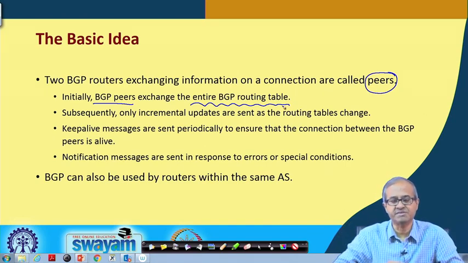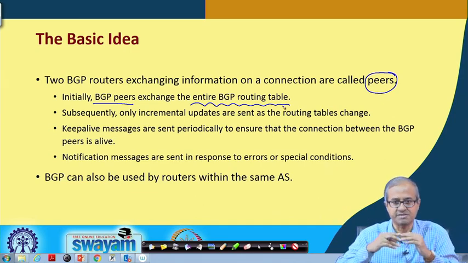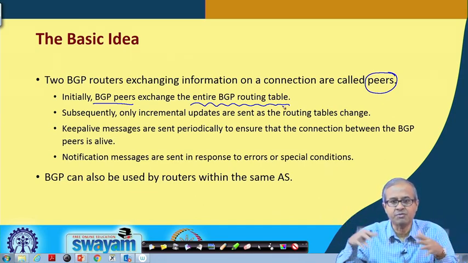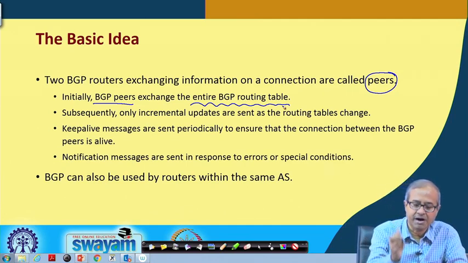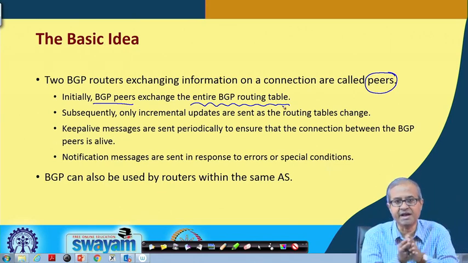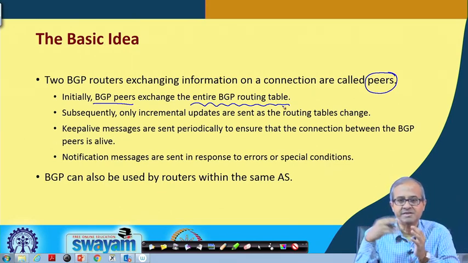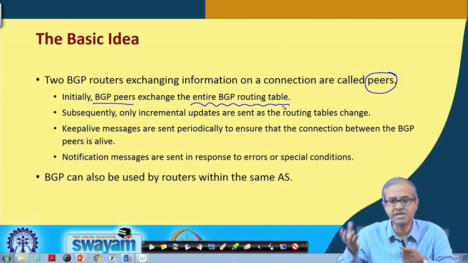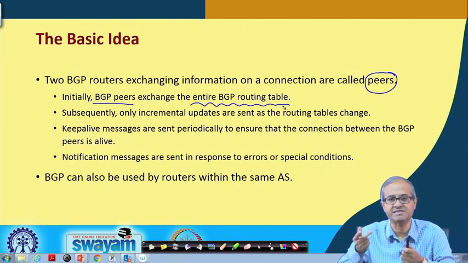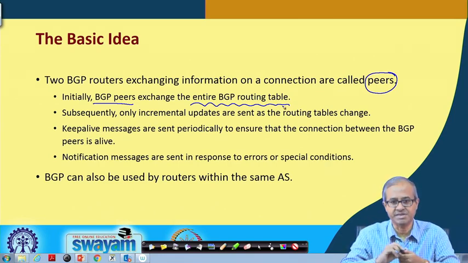Similarly, I will be receiving similar information from the others, so that all of the routers can update their routing table with the latest information that is available. But after this initial exchange of the entire routing table, subsequently I shall not be sending the entire table anymore. I shall only send information about the changes. Some new routes are getting added, some existing routes are getting modified, information like that.